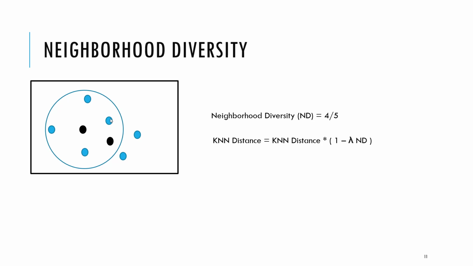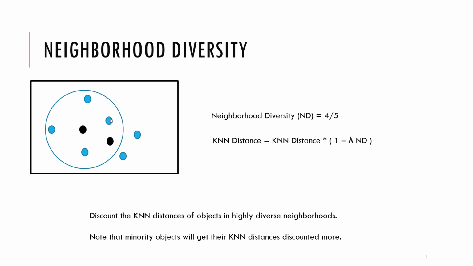So here we are trying to remedy that issue by using this sort of a scaling process. So you discount the k nearest neighbor distances of objects in highly diverse neighborhoods, and you note that the minority objects will get their k nearest neighbor distances discounted more. So the more the k nearest neighbor distance, the more the likelihood, although it's not a direct relation, but the more the likelihood of them being classed as outliers.